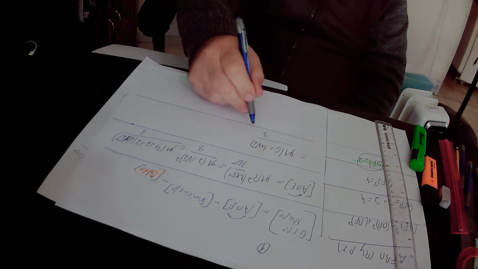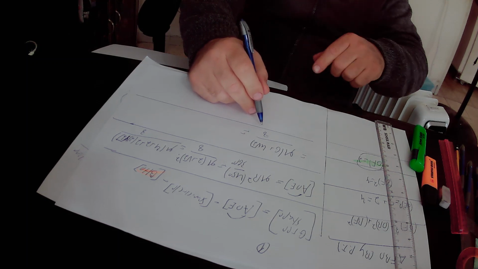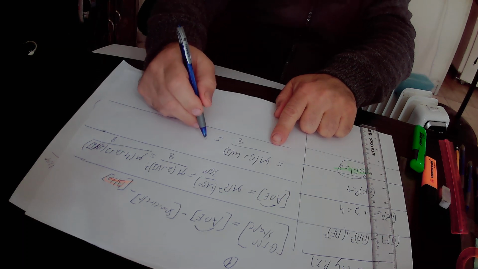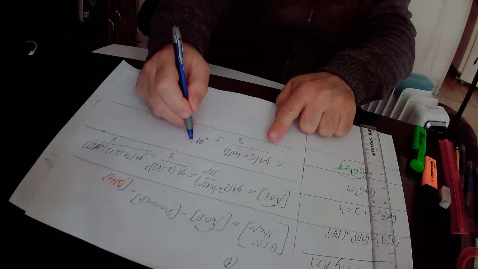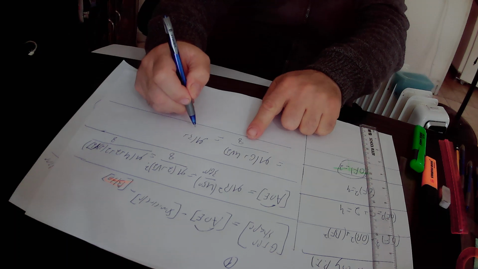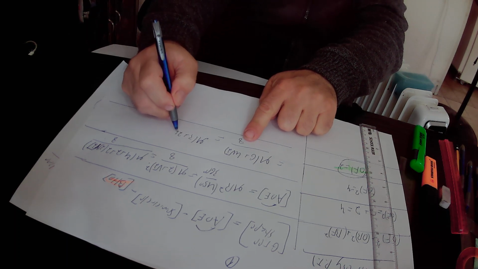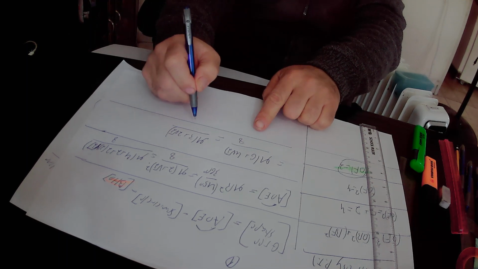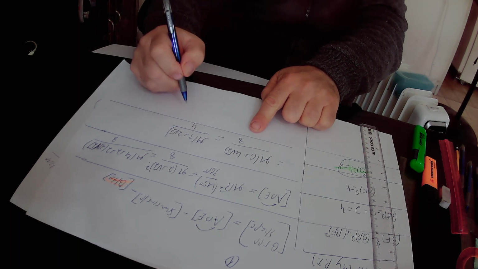Here we divide both the numerator and the denominator of this expression by 2, and we get pi times, inside the brackets, 6 over 2 is 3, plus 4 times square root of 2 over 2 is 2 times square root of 2. And we also divide the denominator 8 by 2. 8 over 2 is 4.